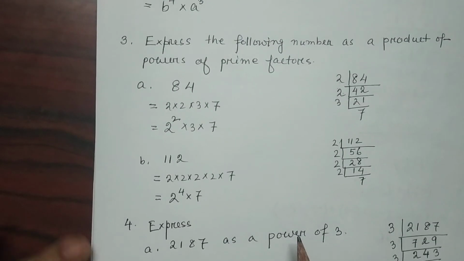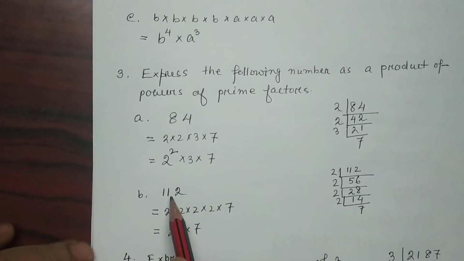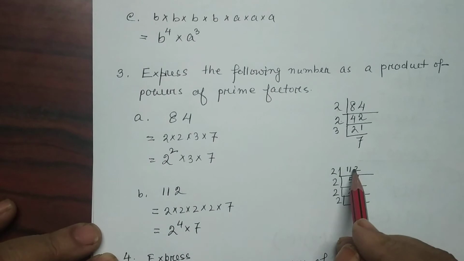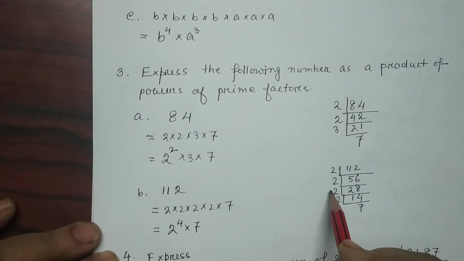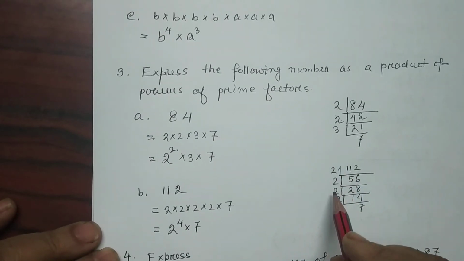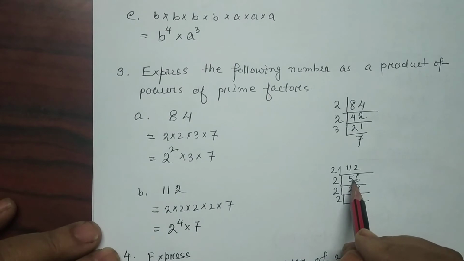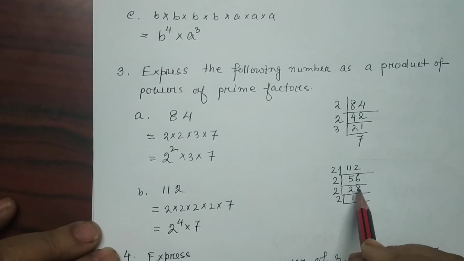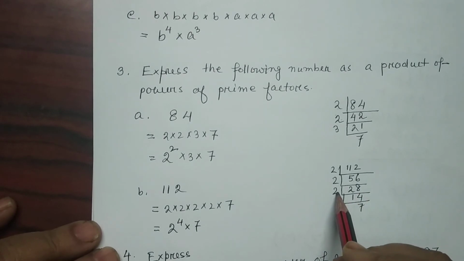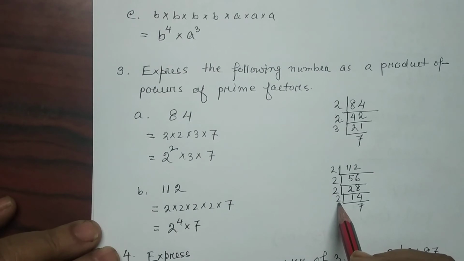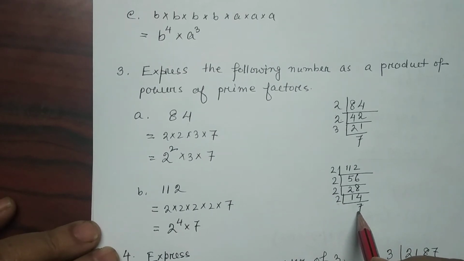Similarly, number B, 112. Again, if it is an even number, first we have to divide by 2, because we have to express as a product of primes. Now if we divide by 2, then 56 will come. 56 again even number, that's why divide by 2, then we will get 28. 28 also even number, that's why we divide by 2, then 14. 14 also even number, that's why we have to divide by 2, then we will get 7.